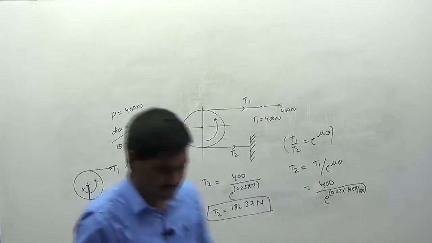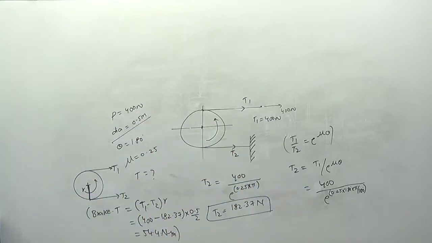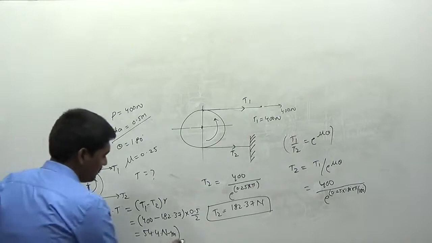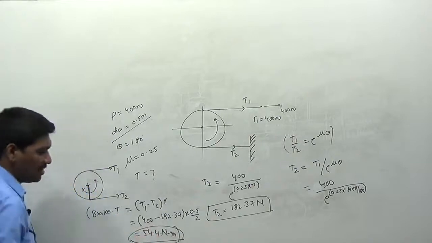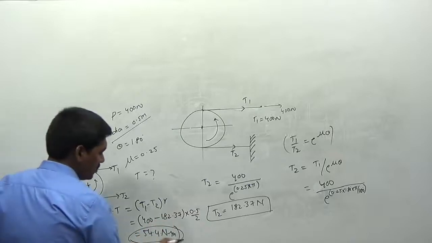Please note this one, this is the final value here. 54.4 is the final value. This is the brake torque we have to apply on the body to come to rest.